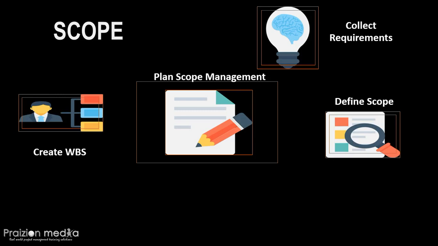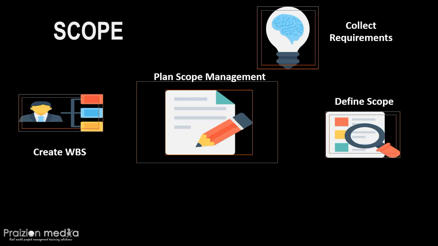Make sure you understand how the work packages are the lowest level of the WBS, the planning packages are above the work package, and control accounts are above the planning package. Also be aware that the root node is the highest level in the work breakdown structure.